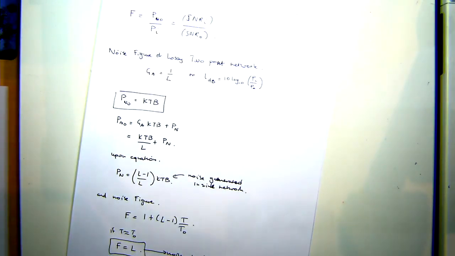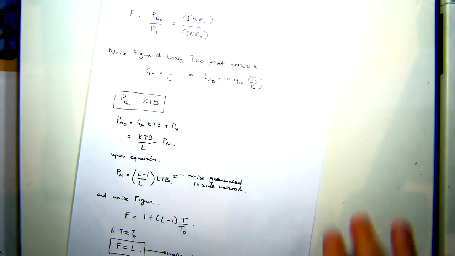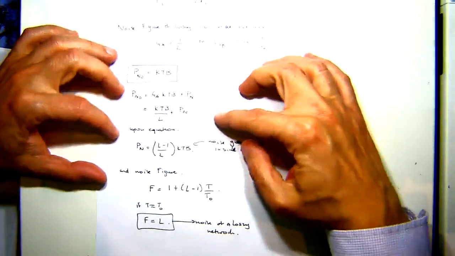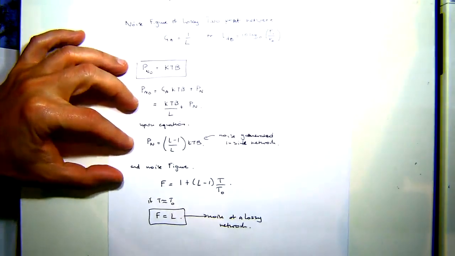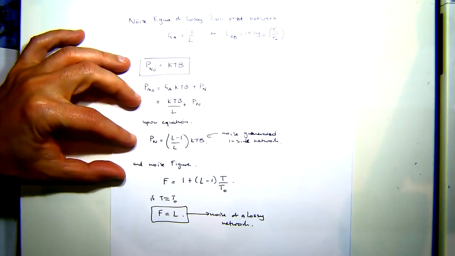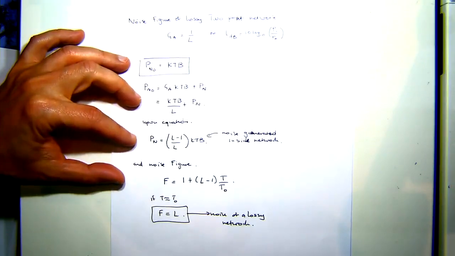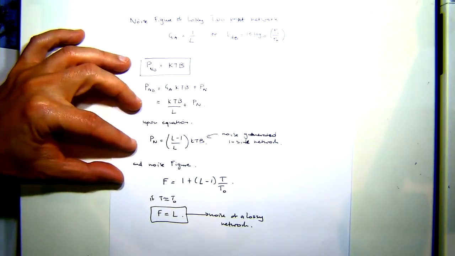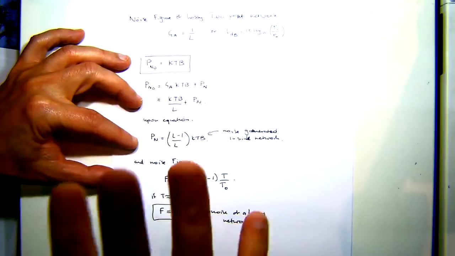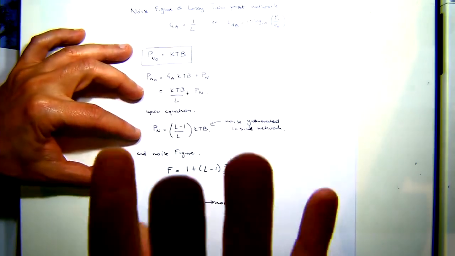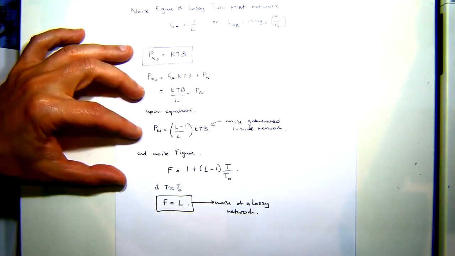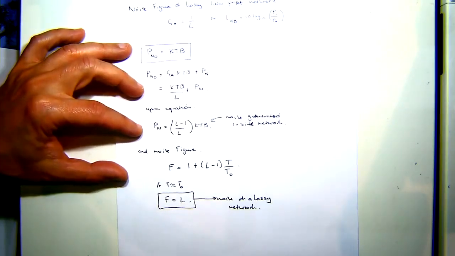Okay. So what we're doing here is going through the process of working out the noise figure of some kind of loss. It's absolutely key that you're familiar with this, because whenever you've got RF systems, there are always passive components in there, and those passive components, without exception, have some kind of loss.